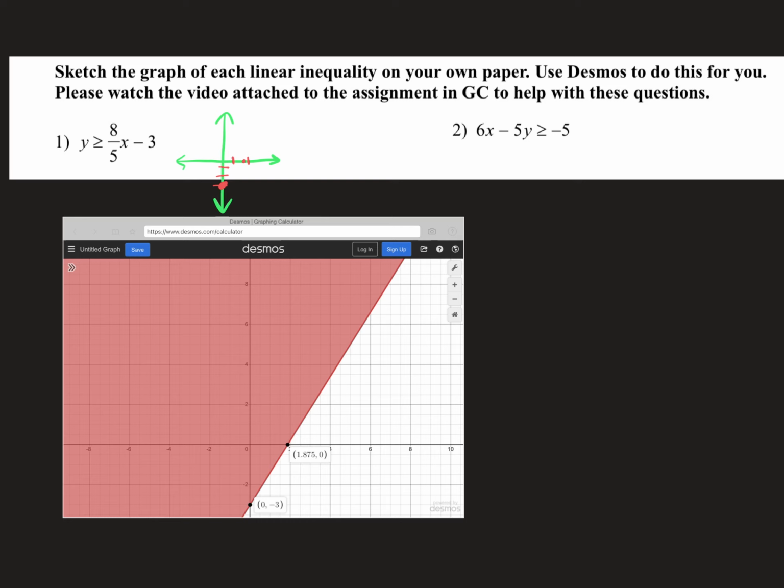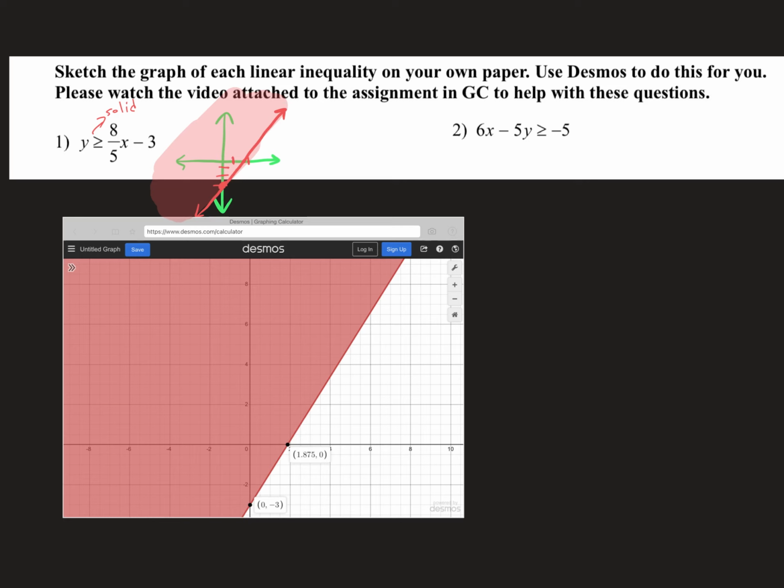Then I can see that this is a solid line because of that greater than or equal to. So I'm going to draw a solid line between those 2 points. And then I'm going to shade above that line just as indicated in the picture. So make sure you have shading when you are doing your assignment.